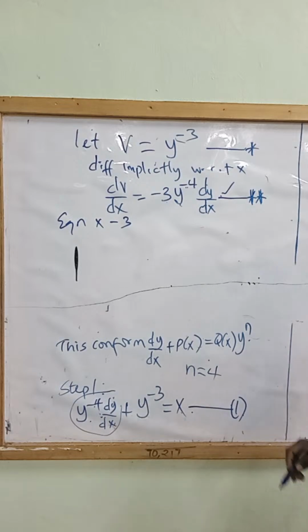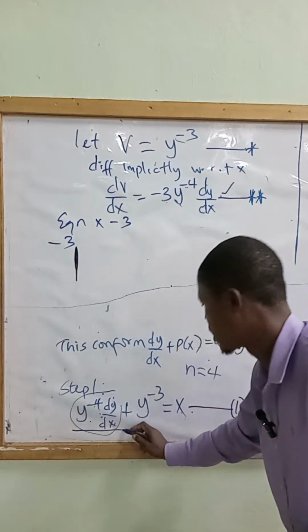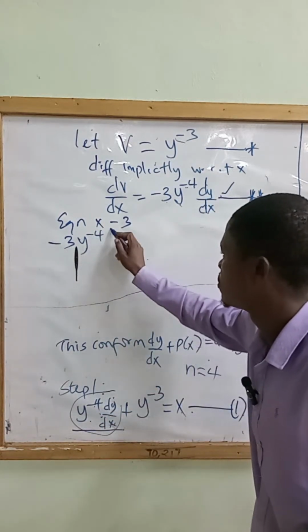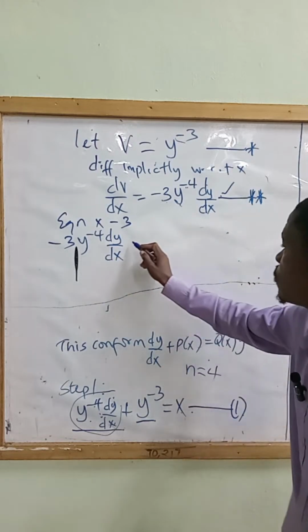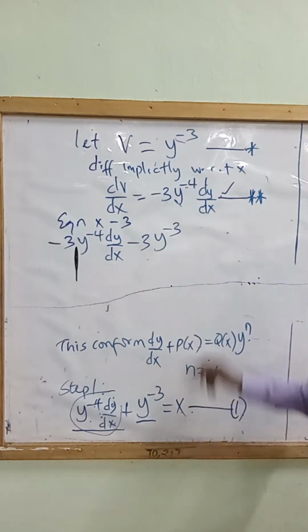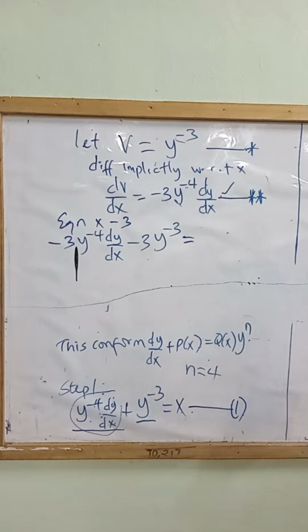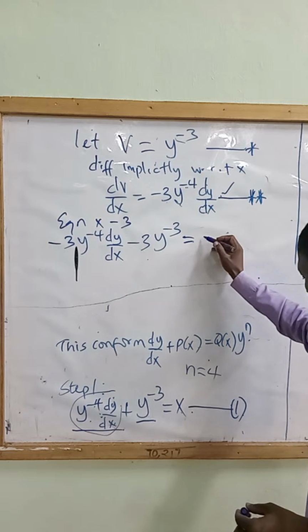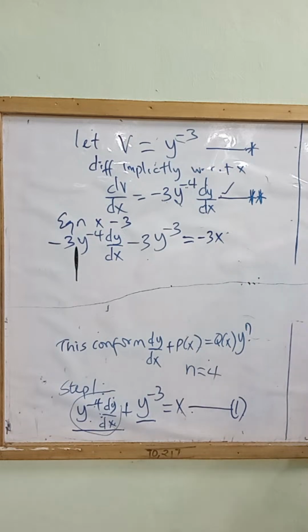So if you do that, we have minus 3 times this, dy/dx, and this one also times minus 3, we have minus 3 y to the power minus 3. Finally, I hope there is no mistake there, this one will give us minus 3x. So that's what we have in that case.